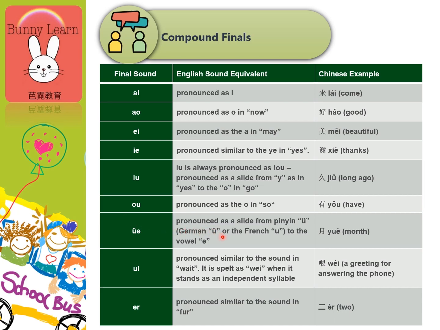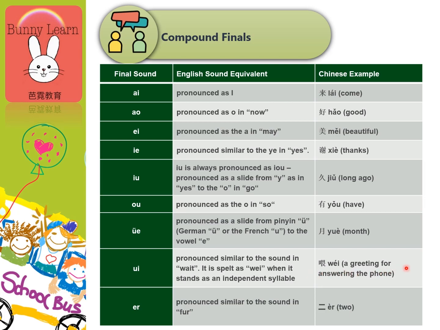Üe. As I explained earlier, you use this vowel, which has no English equivalent, and you add the vowel E. The Chinese example is 月, yuè. Ui. This is pronounced similar to the sound in wait.